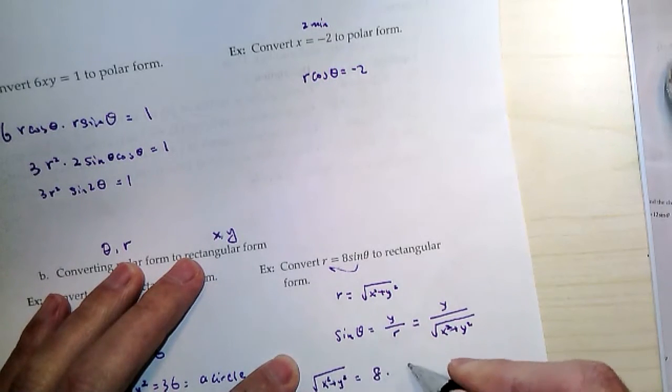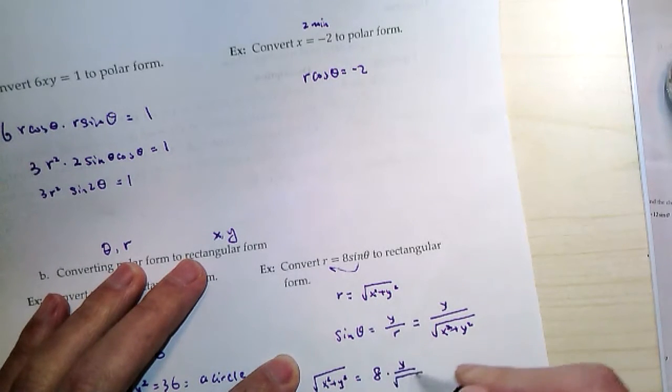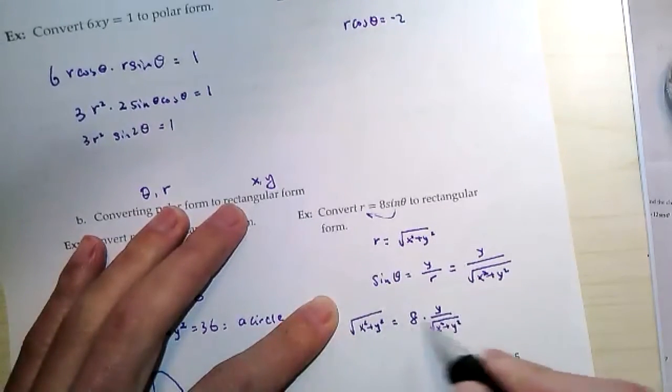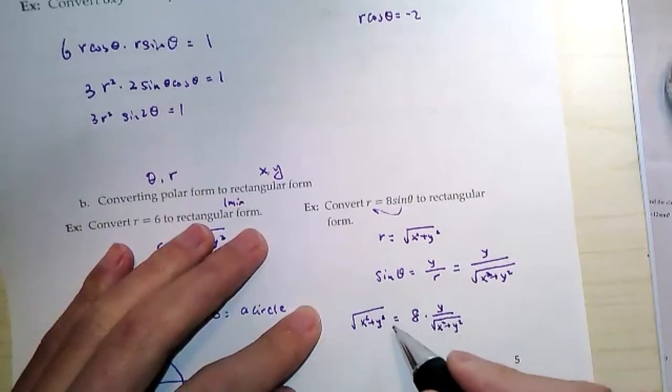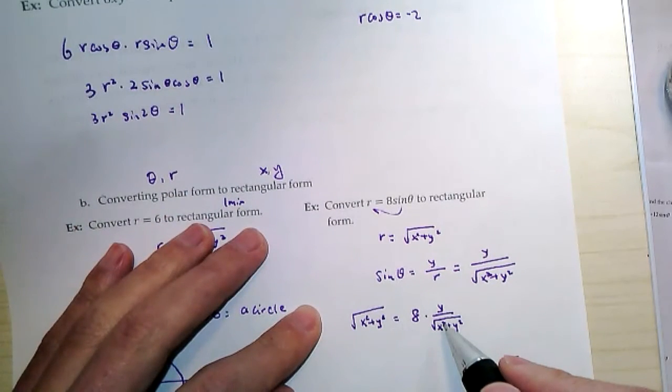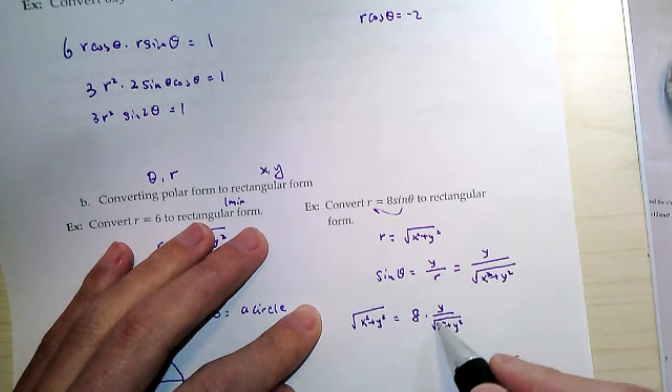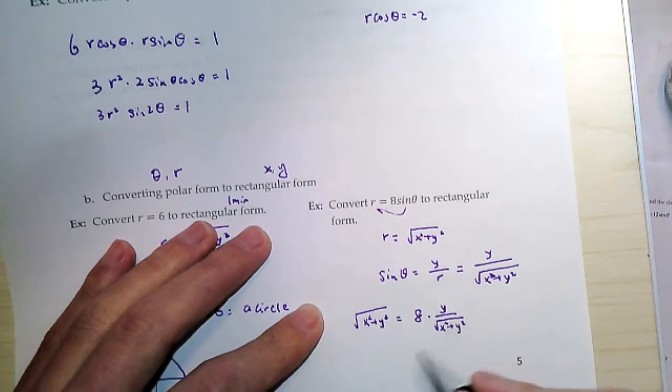So rewrite everything into the rectangular form. We have this one. So we can multiply both sides with square root of x squared plus y squared.